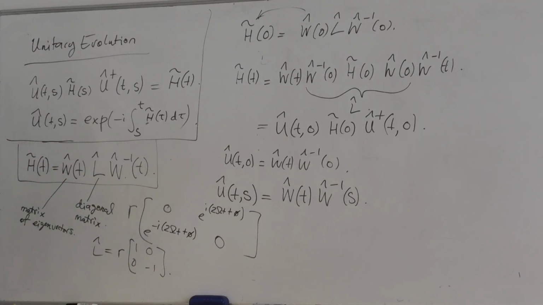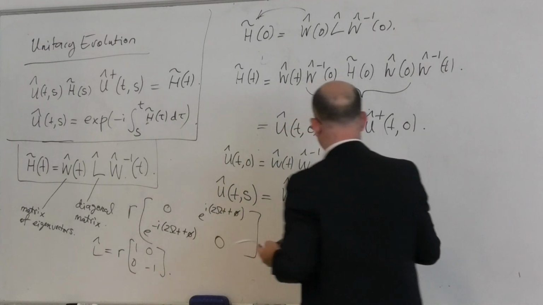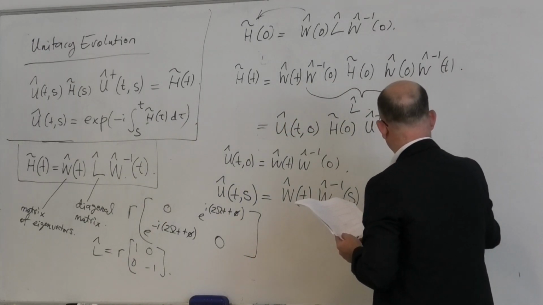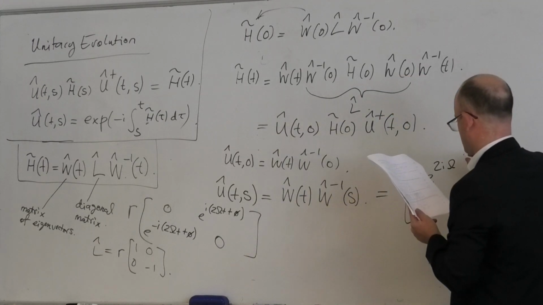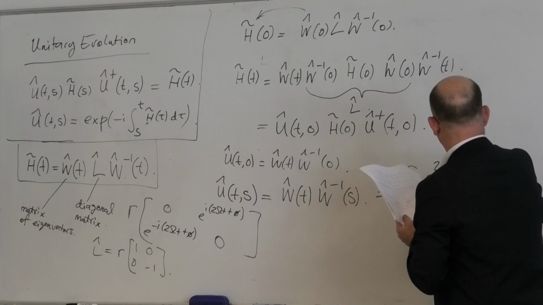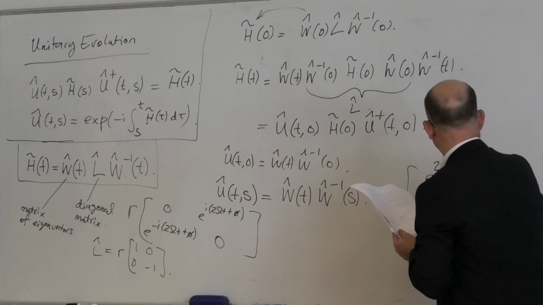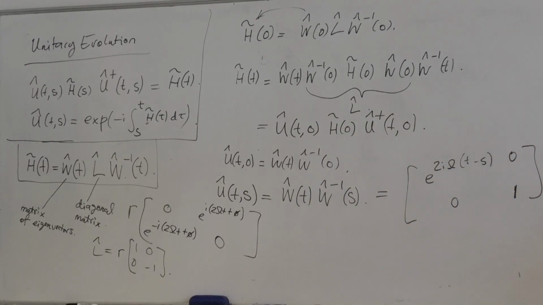That will give you enough information so that you can figure it all out. Do this, and you'll find that this matrix you have here is equal to e to the 2i omega (t minus s). And this thing is the unitary operator, so this system is now solved.